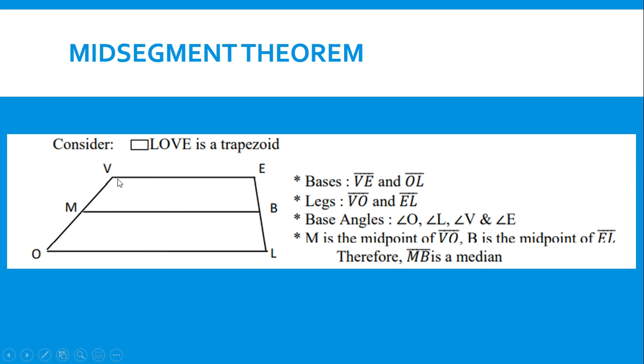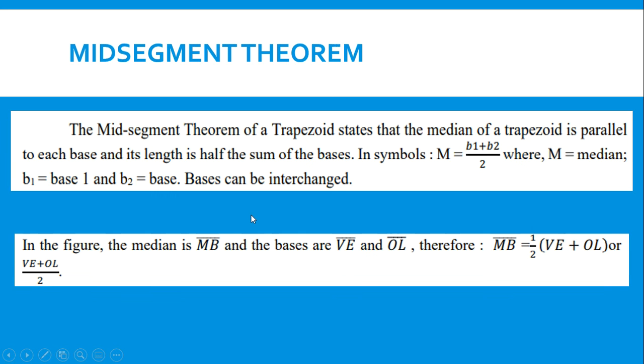Again, VE plus OL divided by 2 equals MB, or VE plus OL times 1/2 equals MB.